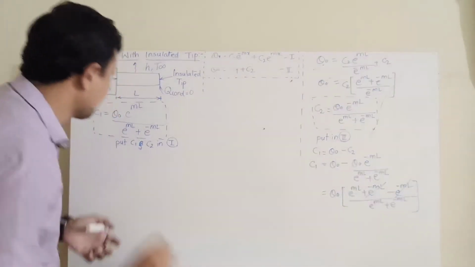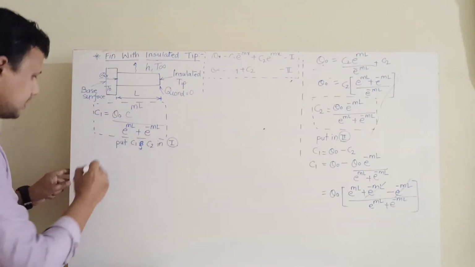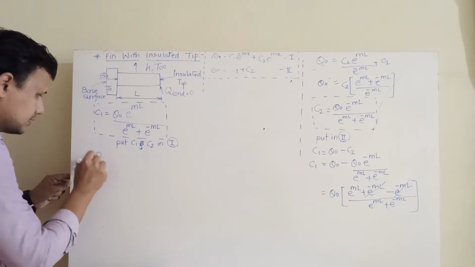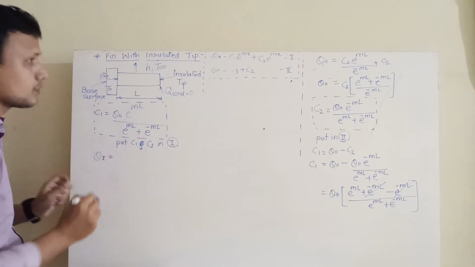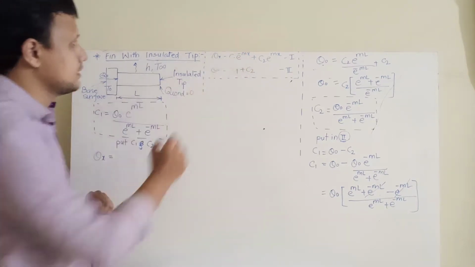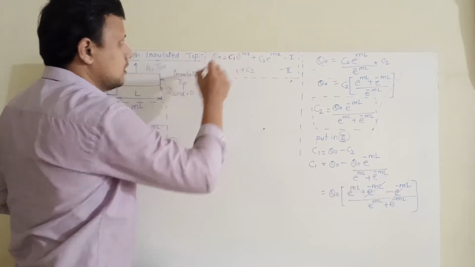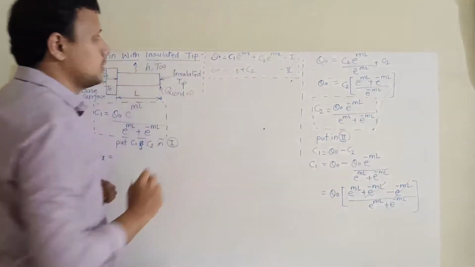Okay, so put C1 and C2 in measure 1 equation. So the measure 1 equation is about theta x. So that is C1 e raised to minus mx.